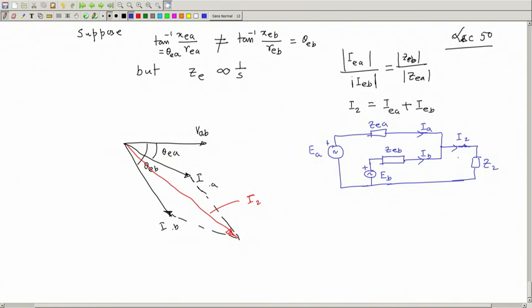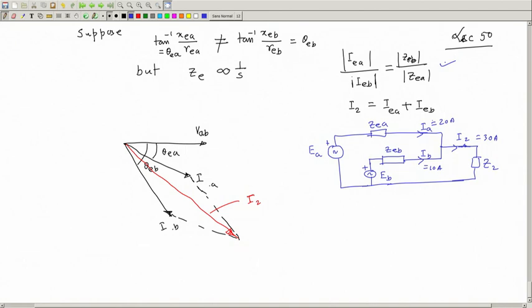Then this current will be shared by the two transformers as 20 ampere and 10 ampere. Imagine ammeters are connected here: it will read 30, it will read 20 ampere, it will read 10 ampere.